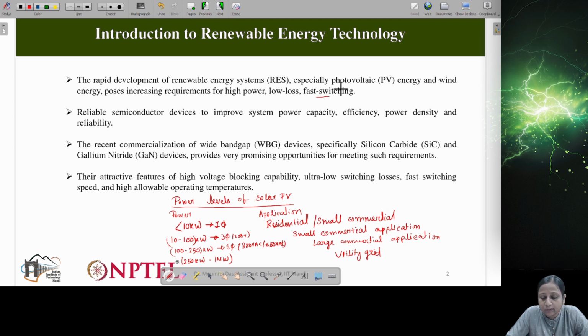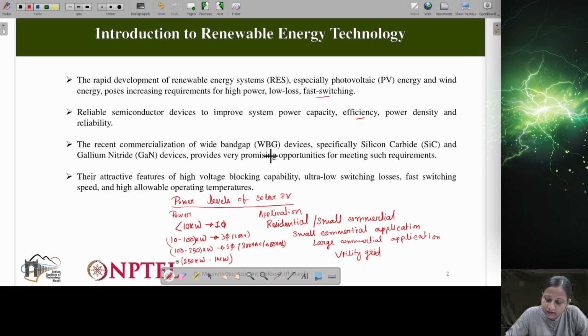This will help the system operate at high frequency and improve the system power capacity. So power density will improve, efficiency will improve, and reliability will also improve. That is why wide bandgap devices are suitable for renewable energy source applications.